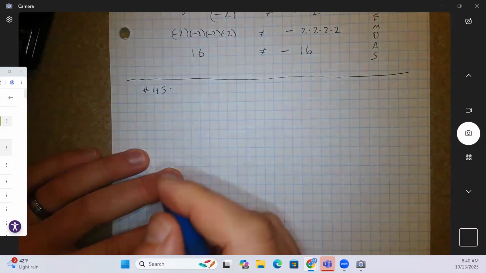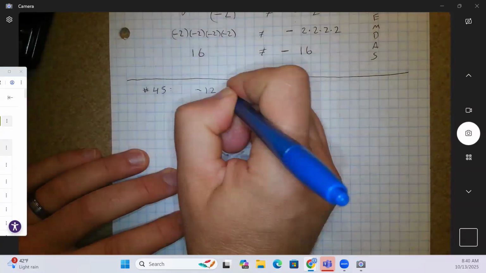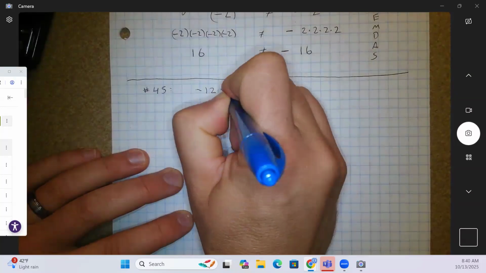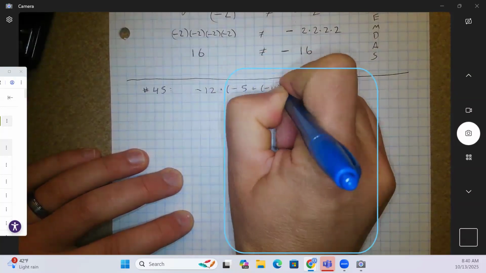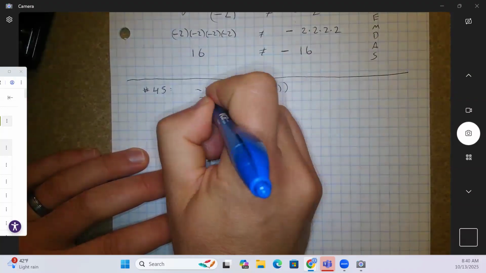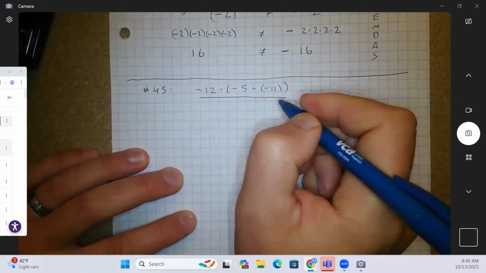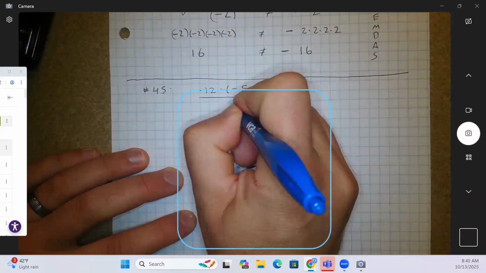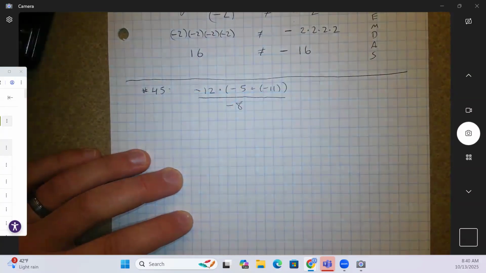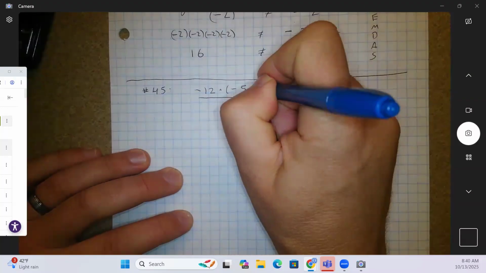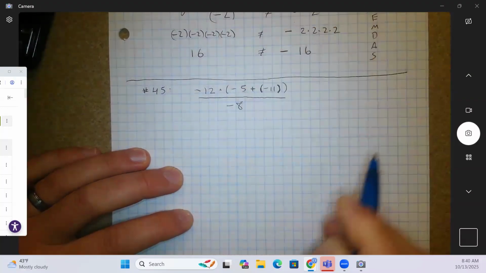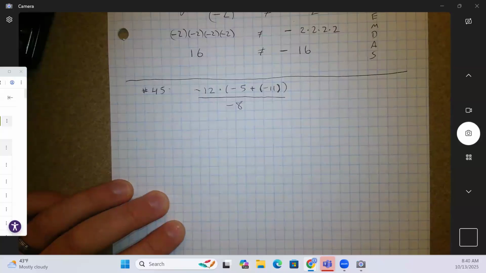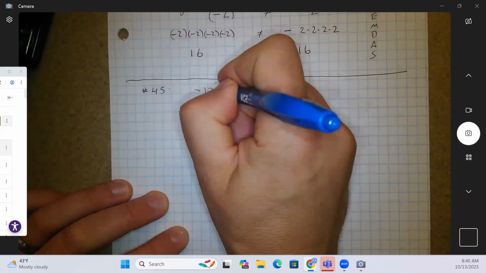And we're going to simplify negative 12 times negative 5 plus negative 11 with a bunch of parentheses. And then I divide all of that by negative 8. So we're going to have to use what we remember about adding and subtracting integers as well as multiplying and dividing by integers.